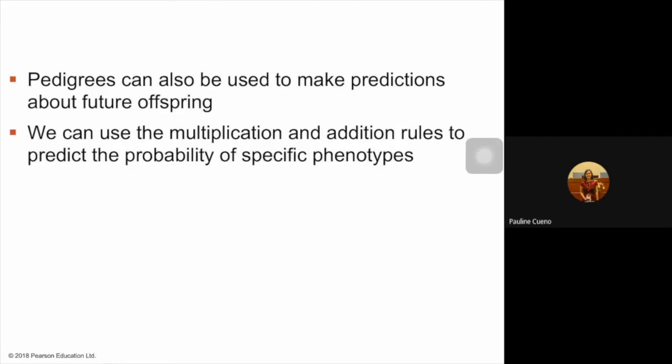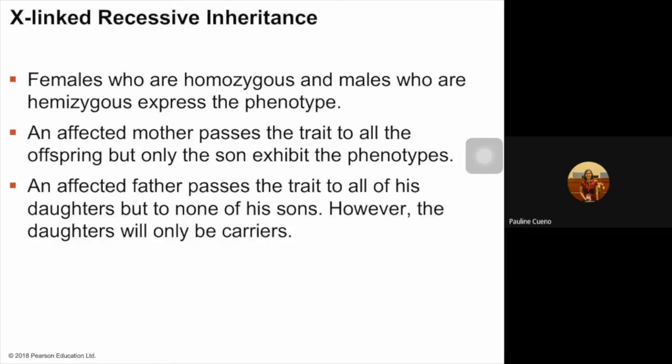So, going back sa X-linked recessive inheritance, females who are homozygous and males who are hemizygous express the phenotype, as I have said earlier. An affected mother passes the trait to all the offspring, but only the son exhibits the phenotype. Why? If you recall, di ba, ang genotype ng female ay XX, ang sex chromosome.